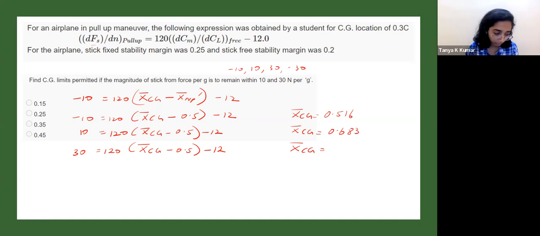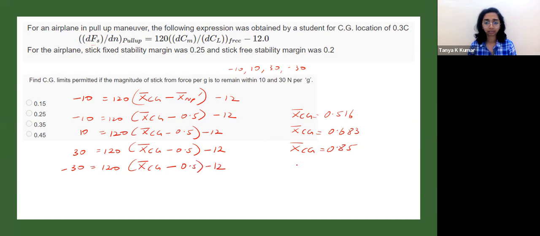Sorry, 0.85. 0.8. Last case, minus 30, 120, X bar Cg minus 0.5, minus 12. What will this be? 0.3.